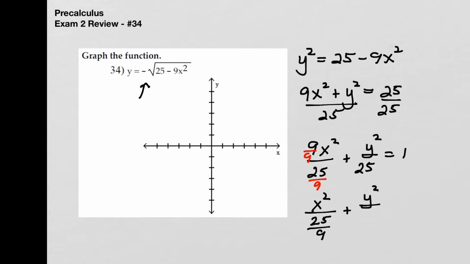And now I can compare my two denominators. And clearly 25 is more than 25 divided by 9, so this is going to be a tall ellipse. Now the center is at 0, 0, the center's at the origin. And my vertices, well, we know a squared is 25.